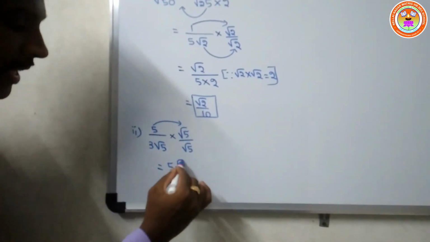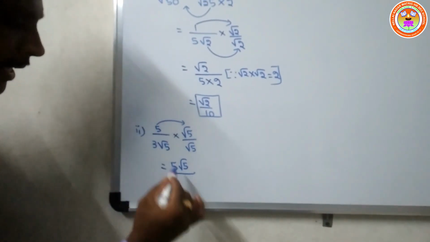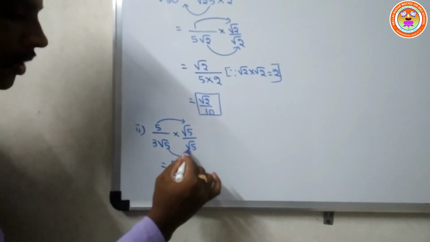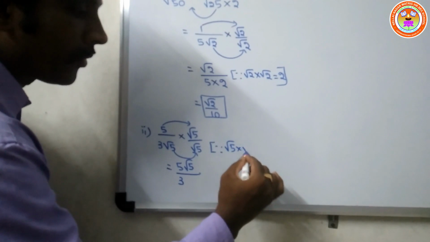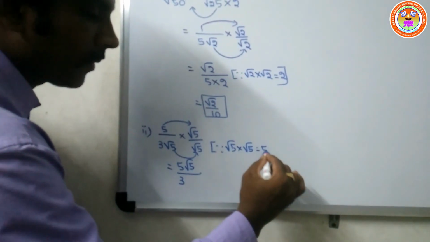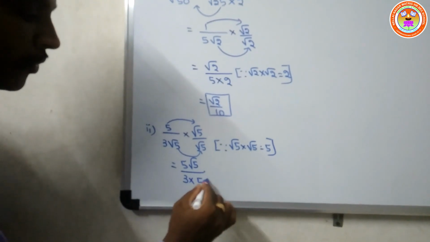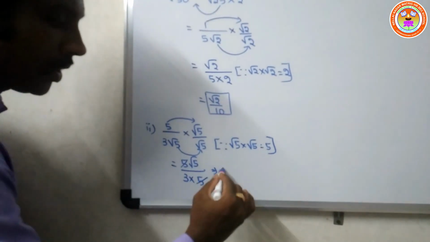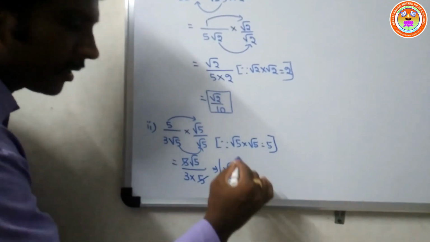So 5 root 5 by 3 into 5. Root 5 into root 5 is 5. 5 cancels. So root 5 by 3.